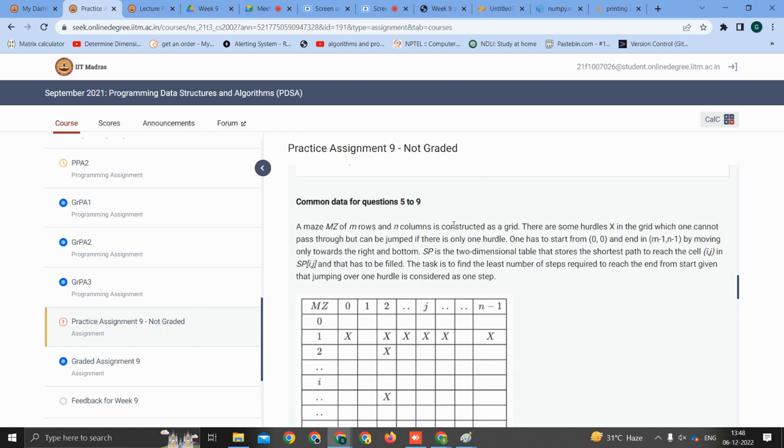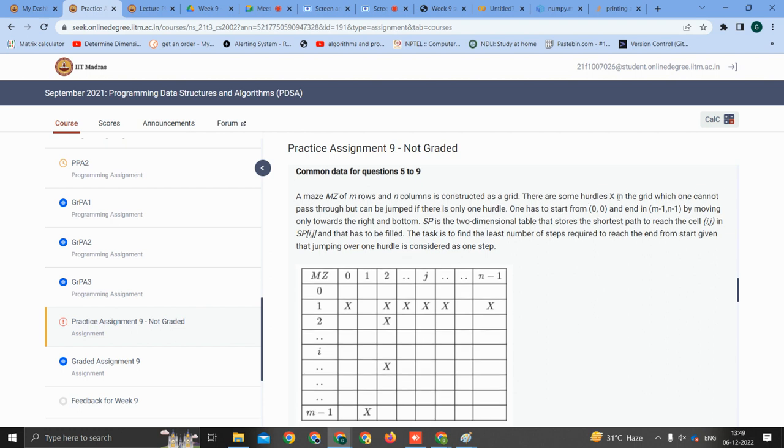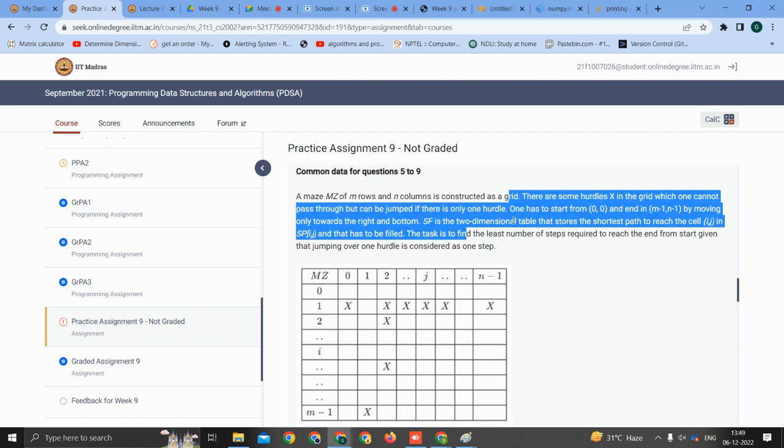A maze MZ of M rows and N columns is constructed as a grid. There are some hurdles X in the grid which one cannot pass through but can be jumped if there is only one hurdle. You understood? If there is only one hurdle, he can jump. So if there are two hurdles, he can't go through this way. He is stuck there.